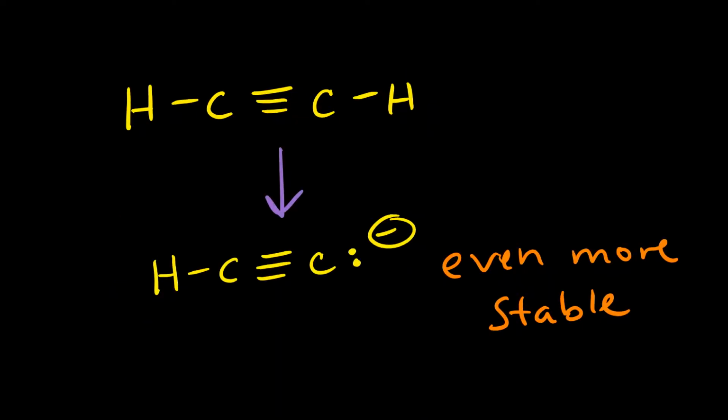Since a deprotonated acetylene leaves the negative charge on an sp hybridized carbon, this is even more stable than a negative charge on an sp2 or sp3 hybridized carbon. So the pKa of a proton on an sp carbon drops dramatically.